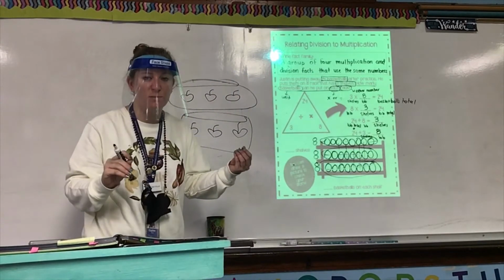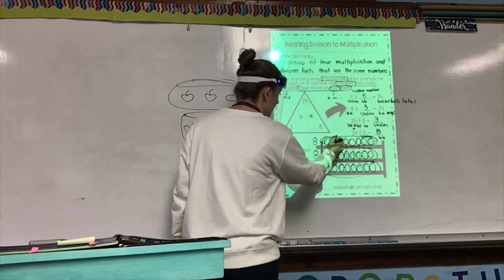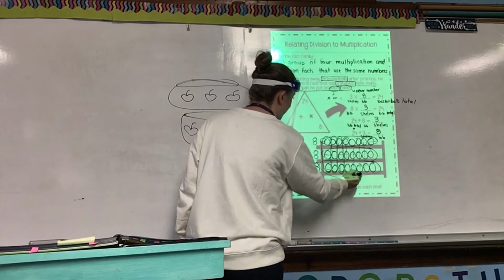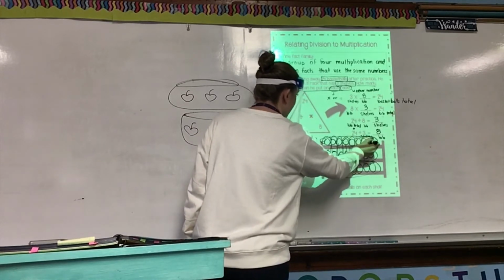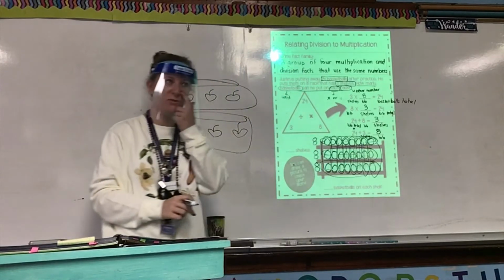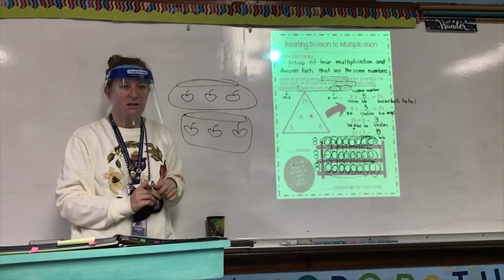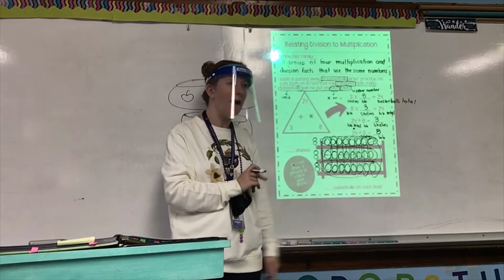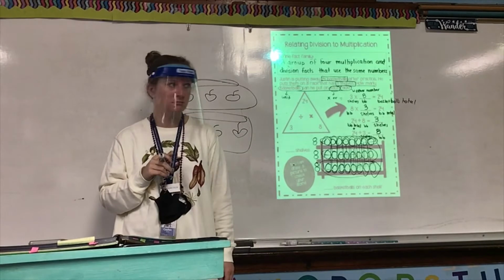If I circle groups of 3: 1, 2, 3, 4, 5, 6, 7, 8. I circled groups of 3 basketballs. How many groups did I have, class? 8. So do you see, I made 4 different problems with the same 3 numbers.